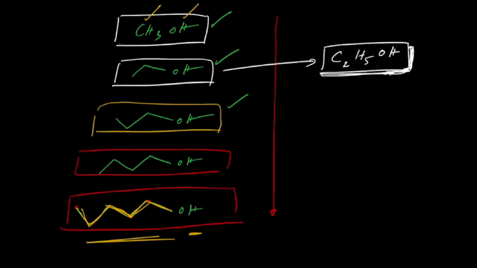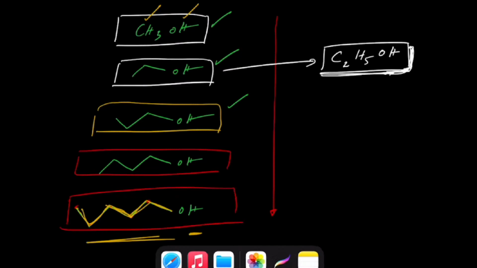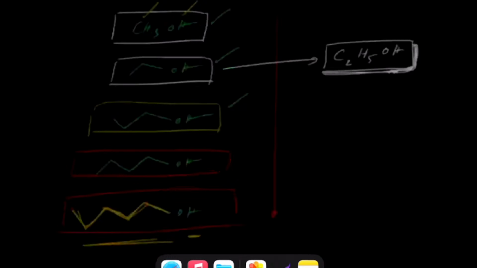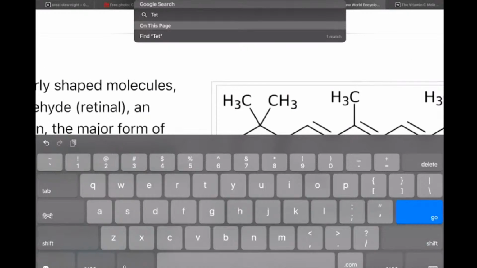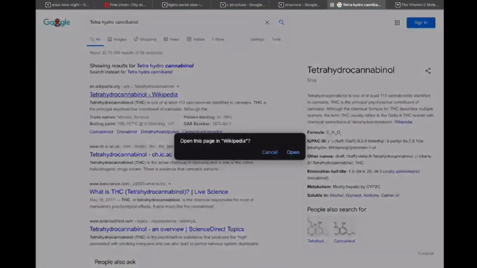But if someone takes some other drug, for example THC, tetrahydrocannabinol, I am weak in spellings, but let me see. So, tetrahydrocannabinol.